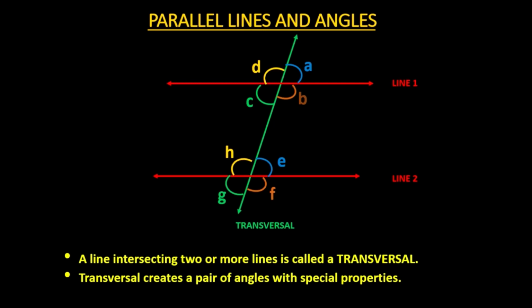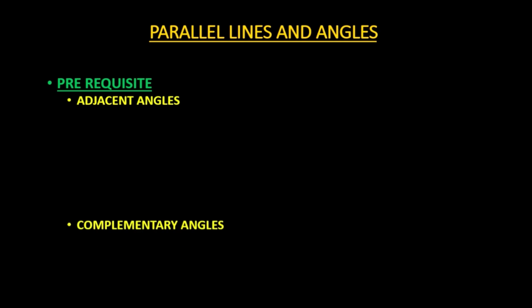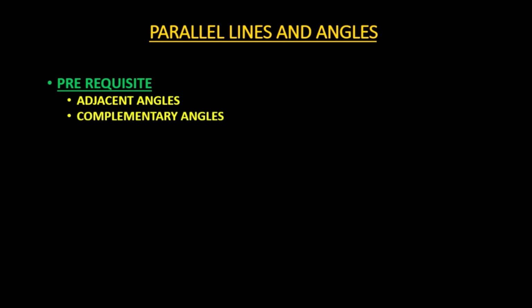Here, the green line creates 8 angles: A, B, C, D, E, F, G and H. This topic requires knowledge about adjacent angles, complementary angles and supplementary angles.